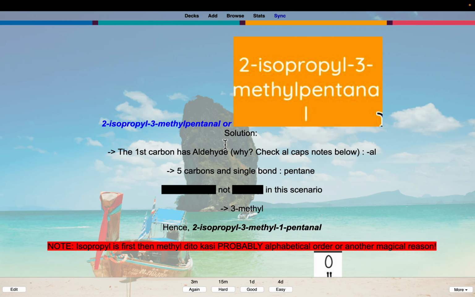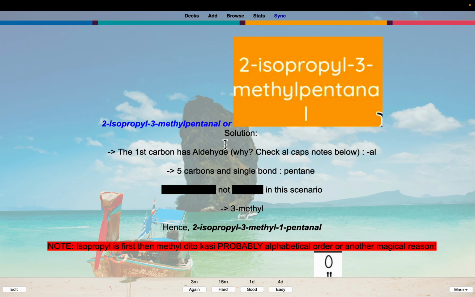Let me just fix this. Okay, so the first carbon has an aldehyde, so that means pentanal.